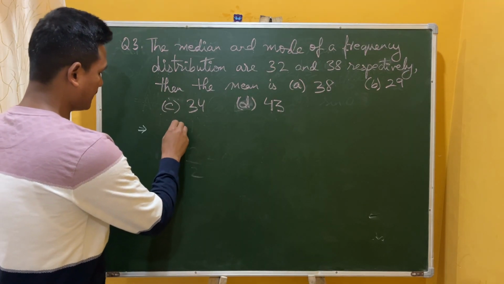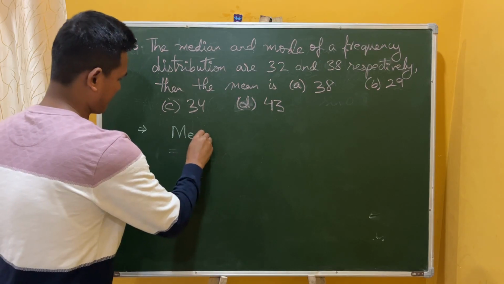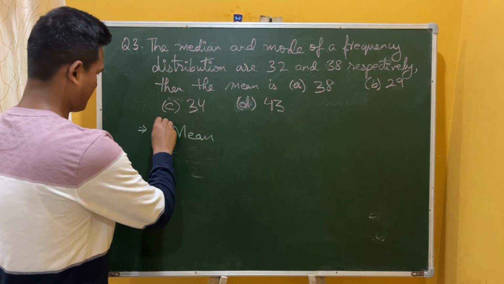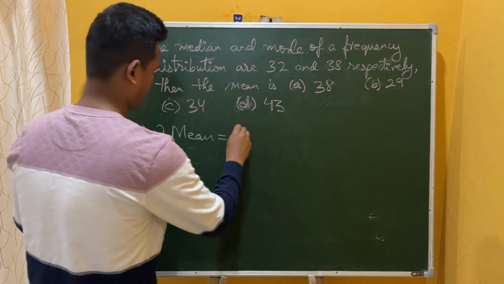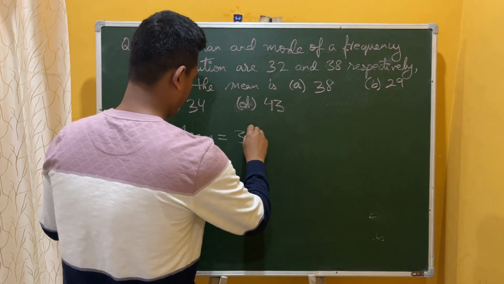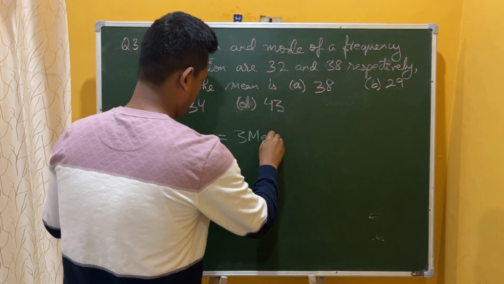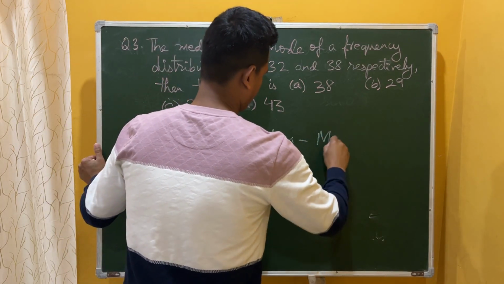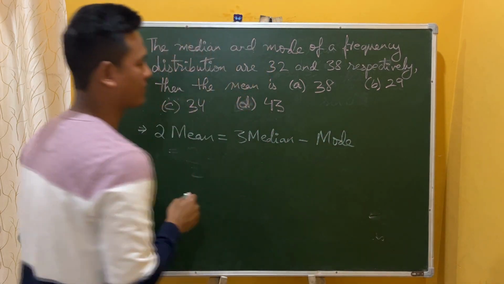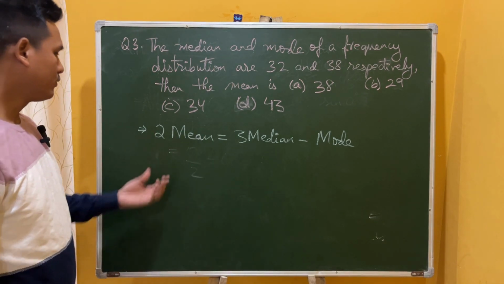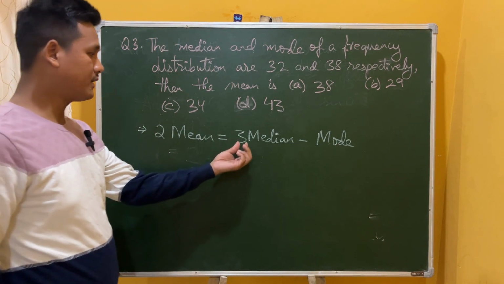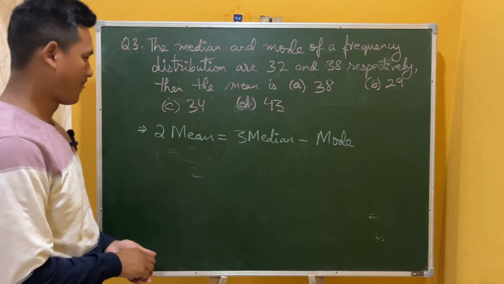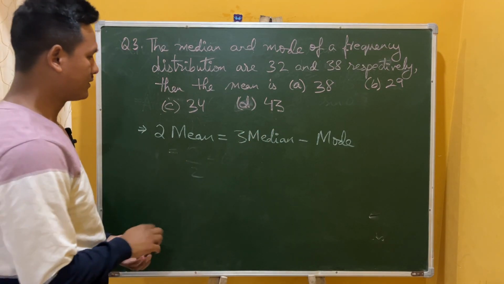The formula is like this. This is the formula: 2 times mean equals to 3 times median minus mode. So let's substitute the values.